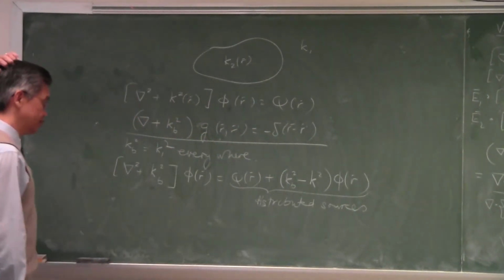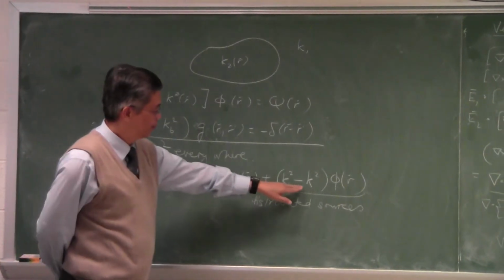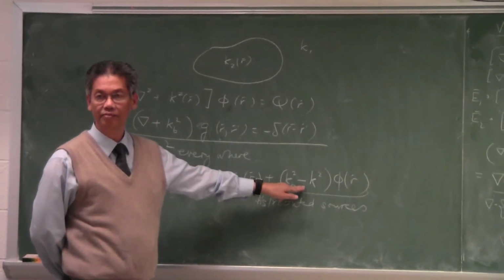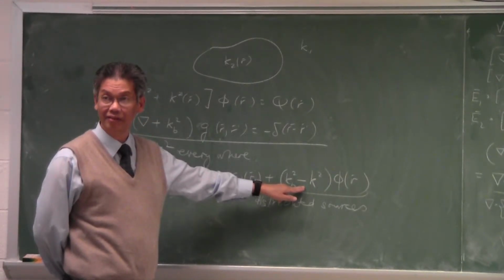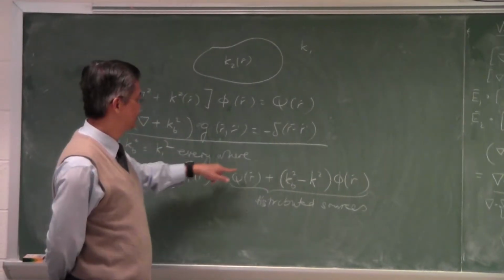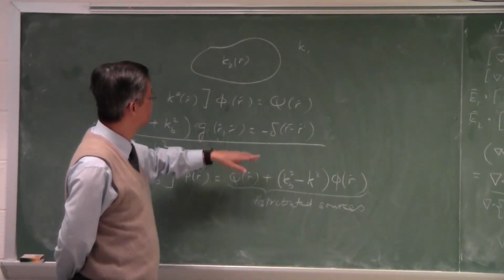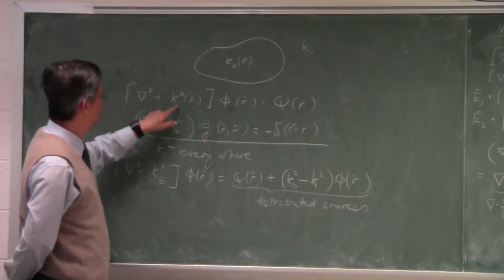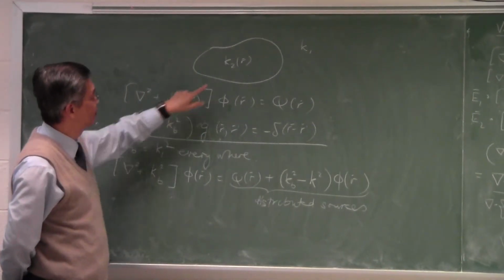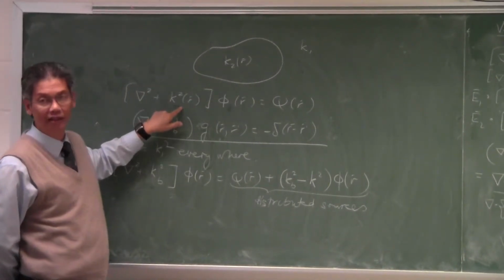These are distributed sources. And what is this thing equal to outside the scatterer? 0, right? This thing is 0 outside the scatterer, because I define kb to be k1 outside the scatterer. K squared is this number here, which is equal to k1 outside the scatterer and k2 inside the scatterer.